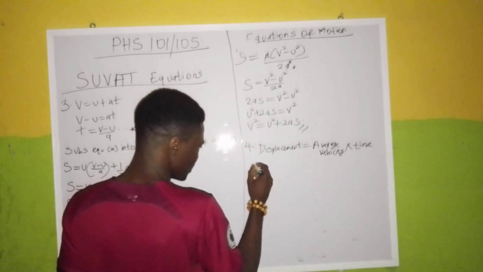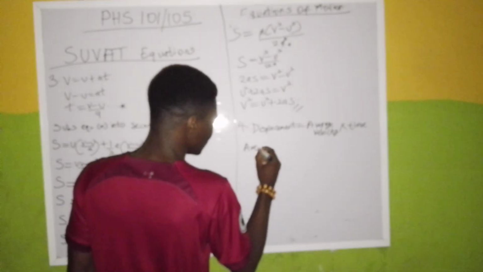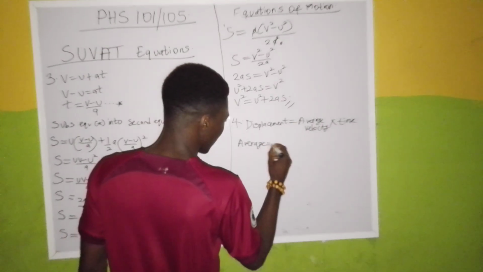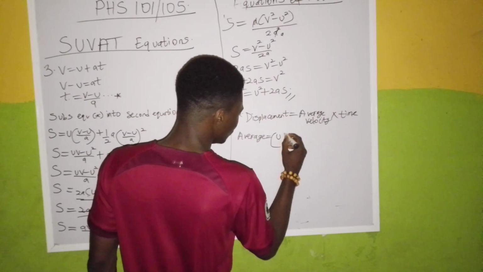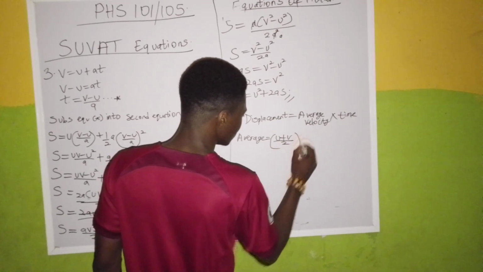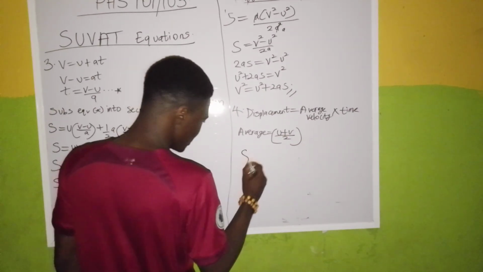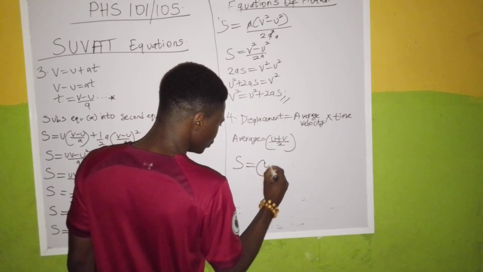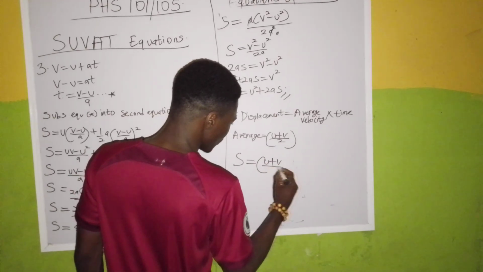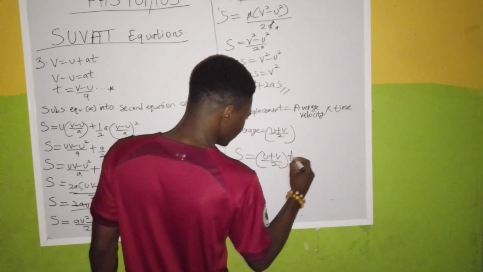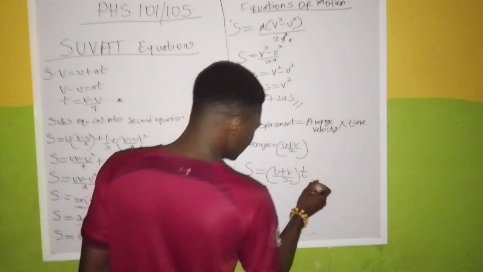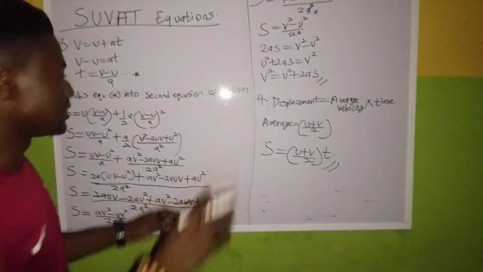Now what is average velocity? Average velocity is basically u plus v over 2. So substituting it here, we have s equals (u plus v) over 2 times t. So this is the fourth and the last equation of motion.